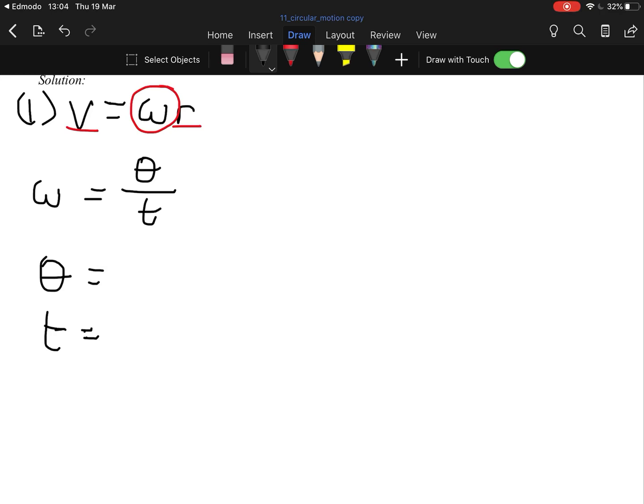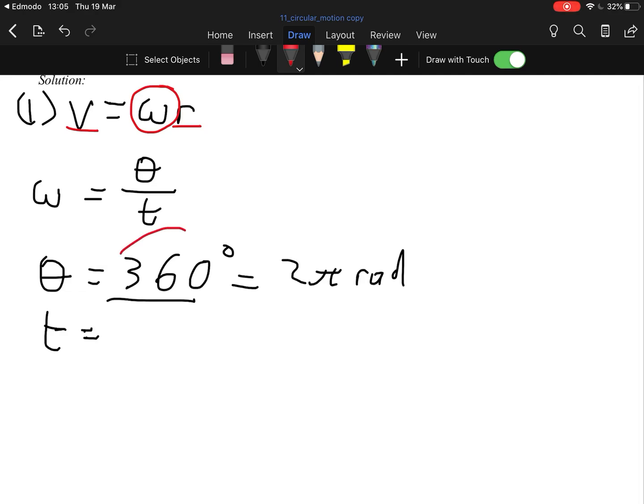So we're revolving around the Earth. So what is the angle the Earth makes in its revolution? Well, the answer to that is it goes 360 degrees because it goes a full circle. Now remember, it has to be in radians. So therefore, that is 2 pi radians. How long does it take the Earth to make a 360 degree revolution?